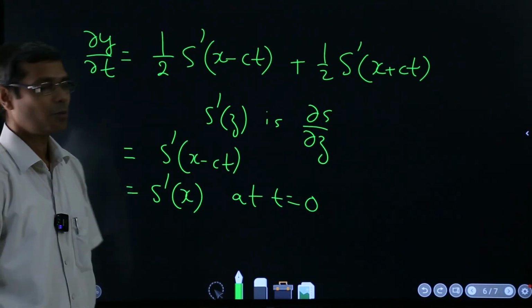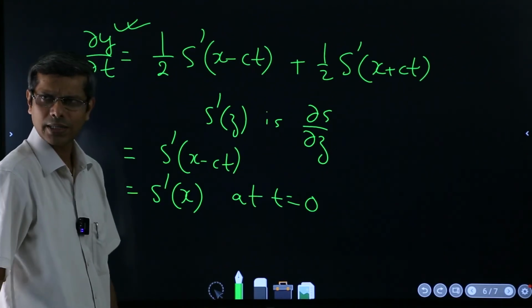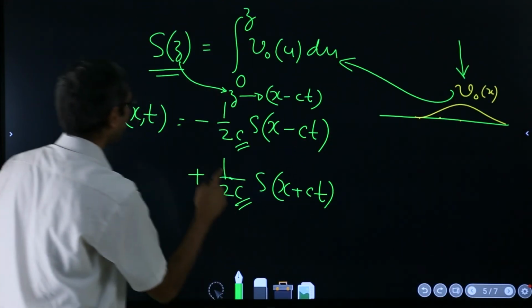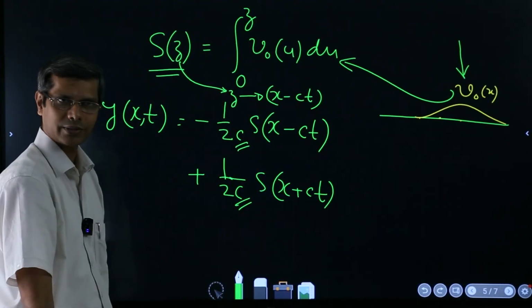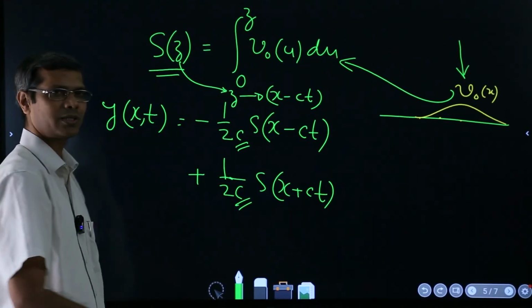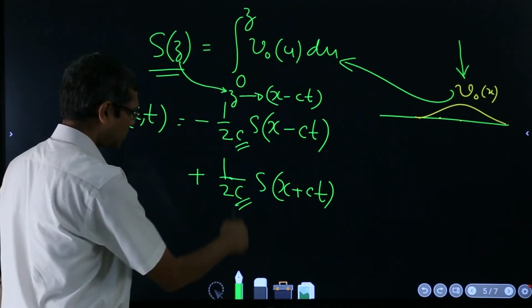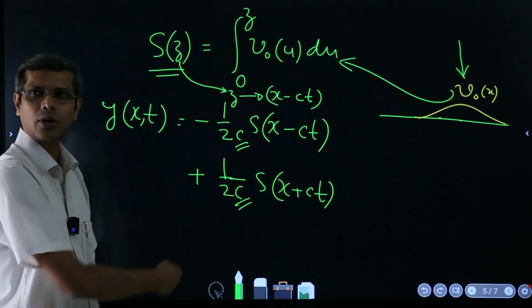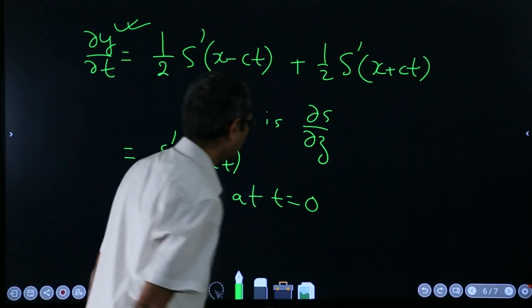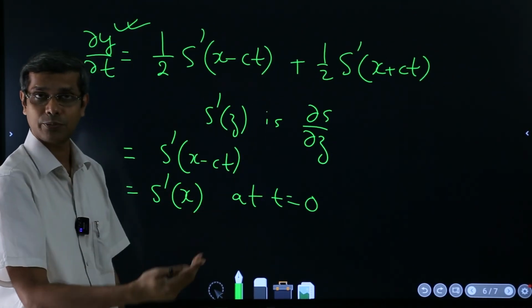This is valid for all time to come. For any time, this is valid, because this is the solution. We are just now checking whether our claim that this is the solution is valid or not. So assume that this is a solution. Then we are trying to see what the velocity profile is for any time. We took the partial with respect to time, and it is valid for any time to come.